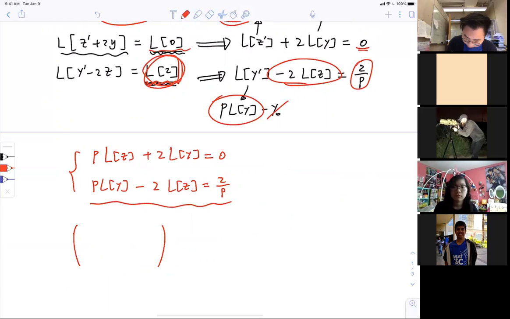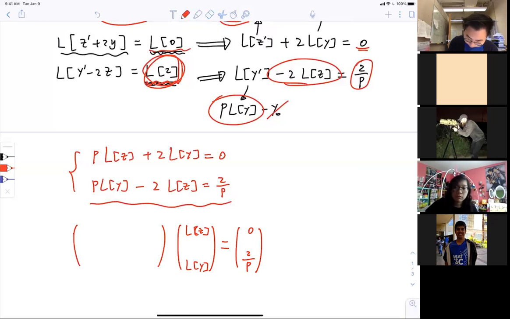For me, the easiest way is by writing it in matrix form. You don't need to follow my method. So this is p, this is 2, this is minus 2, this is p.